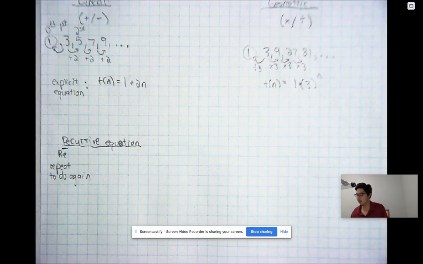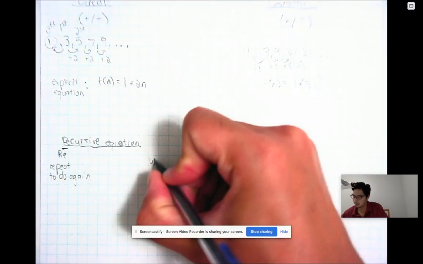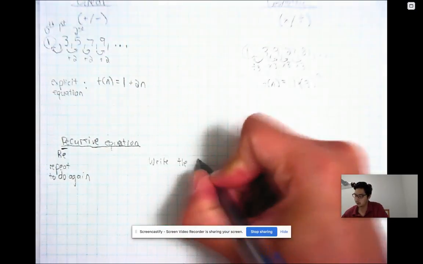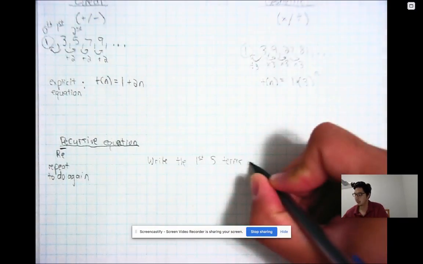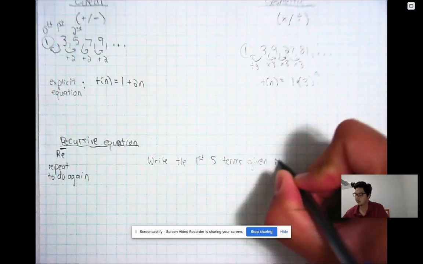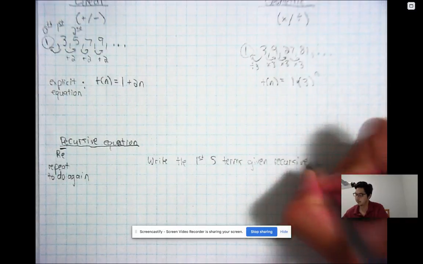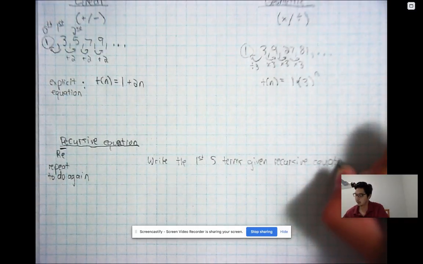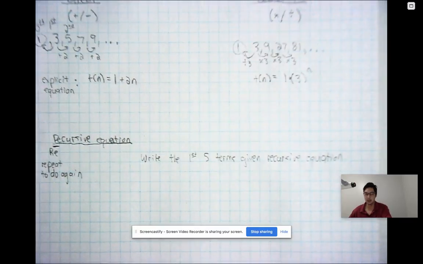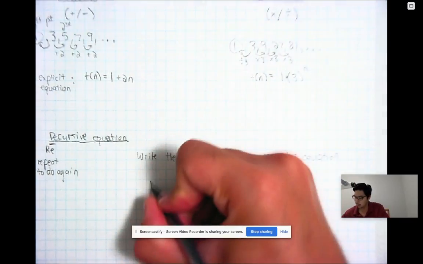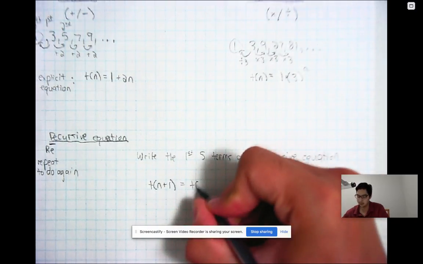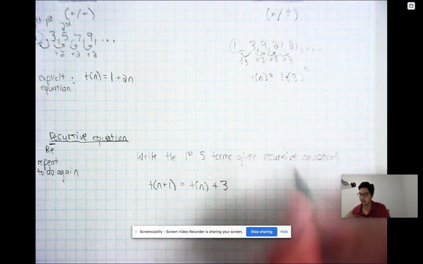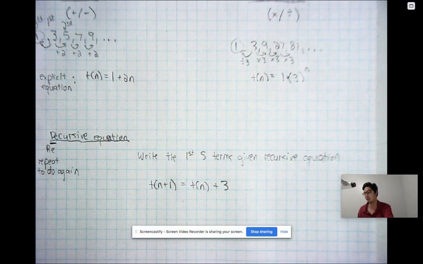An example they're going to give you is: write the first 5 terms given the recursive equation. The language they use is something like this, where it says t of n plus 1 equals t of n plus 3. And now you might be saying, whoa, what did you just do there?